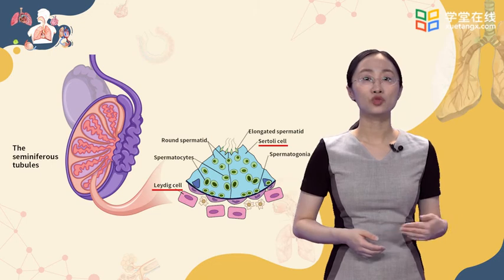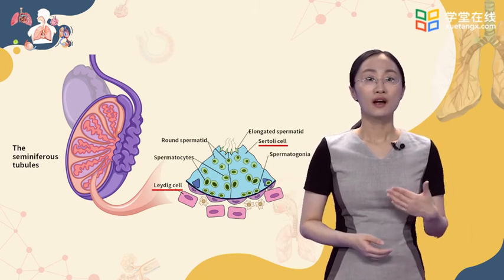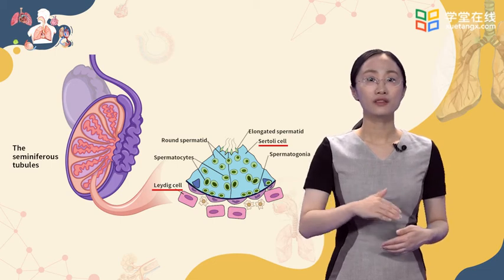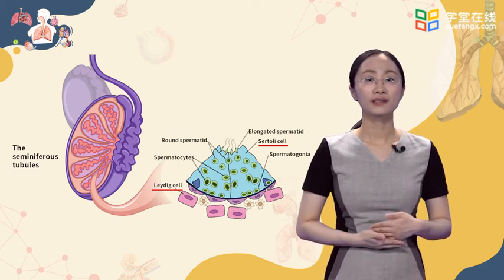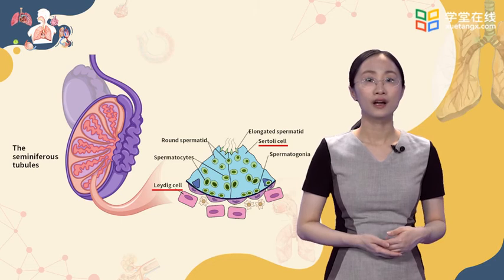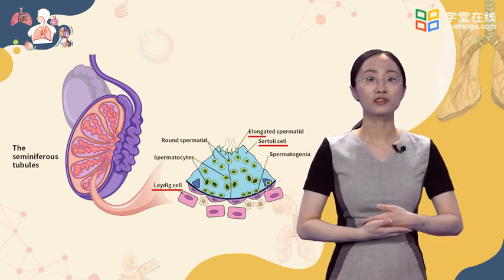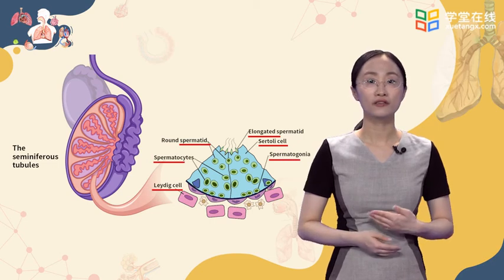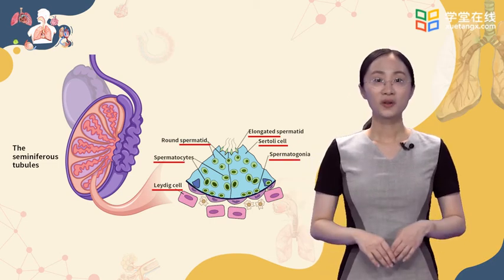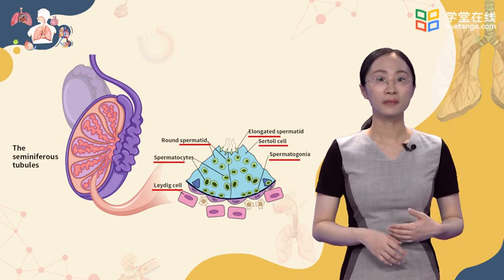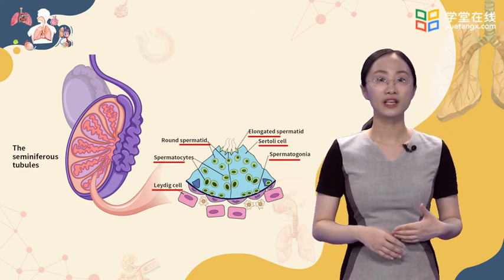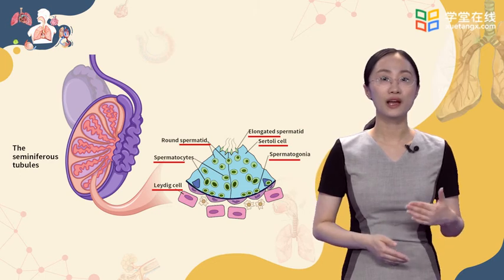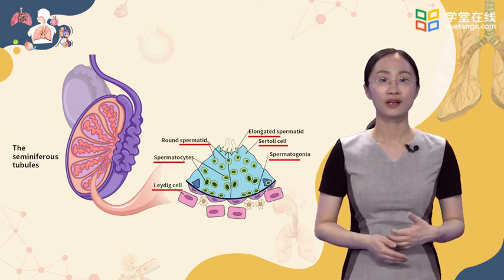Spermatogenesis begins during puberty at an average age of 13, lasts throughout lifetime but declines after 45. The entire process of spermatogenesis requires about 74 days. Sertoli cells secrete inhibin, which sends a negative feedback signal to the pituitary gland to reduce FSH production.